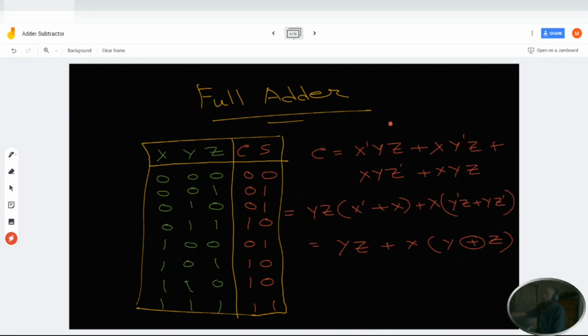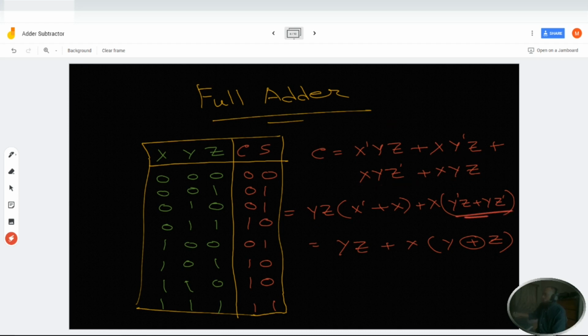For carry we have the outputs ones in these positions. For this one we can write x prime y z. For this one we can write x y prime z. For this one we can write x y z prime, and for this one we can write x y z. We can see we have y z common in these terms, so we can take y z as common. So y z into (x prime plus x), and we have x common in these products, so we can write x into (y prime z plus y z prime).